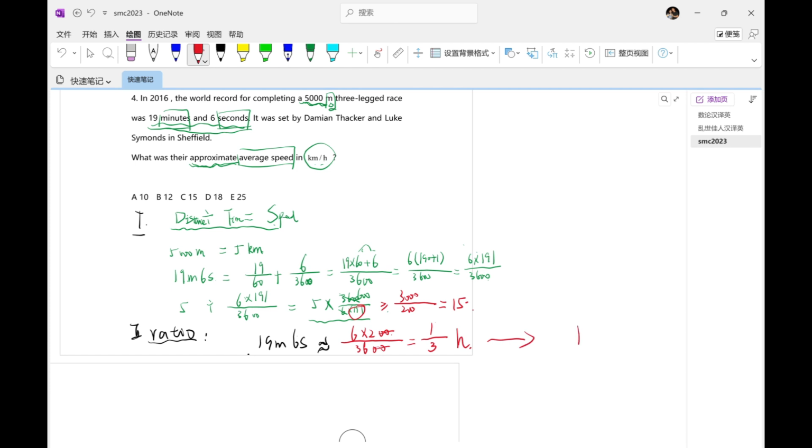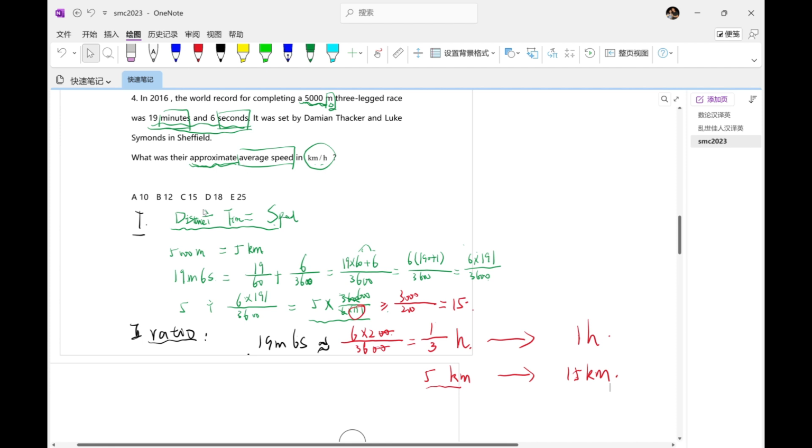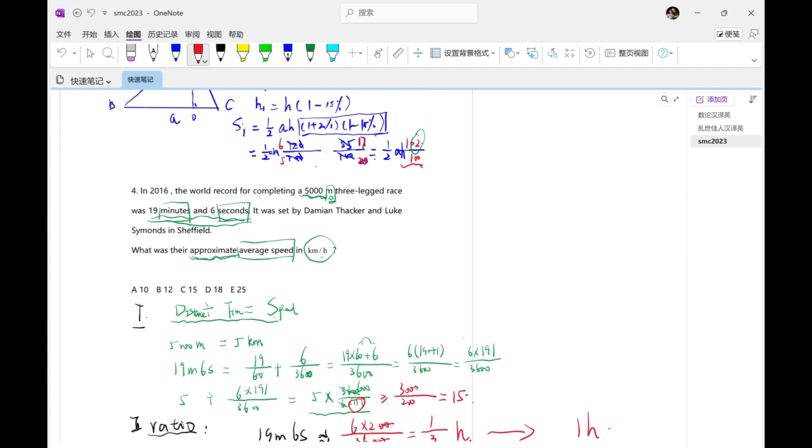So for 1 hour, how many kilometers? For 1/3 hour, it completes 5 kilometers. So for 1 hour, it completes 3 times this, that is 15 kilometers. And also option C. This is question 4.